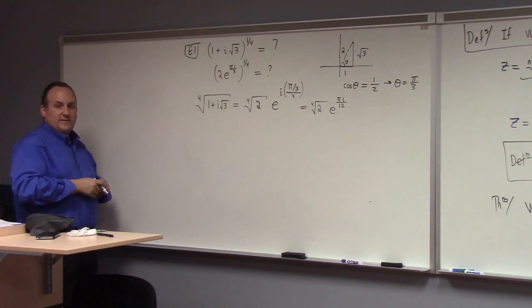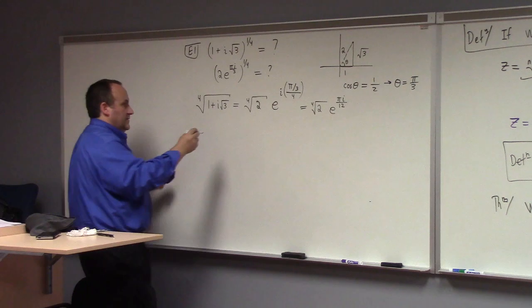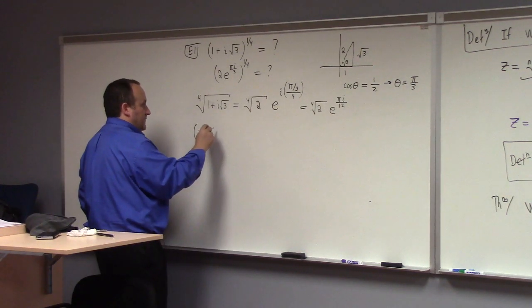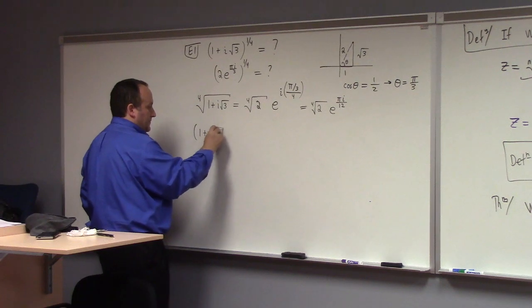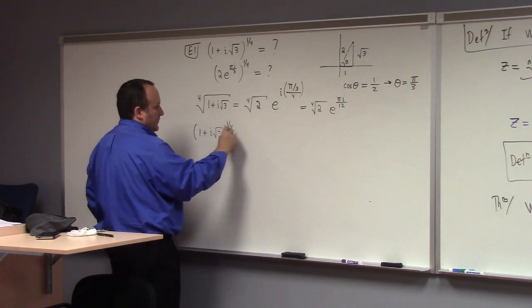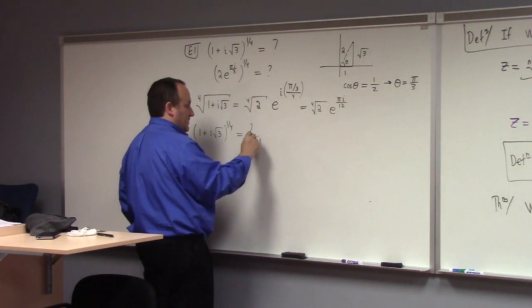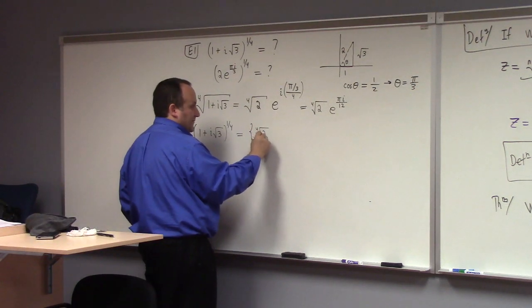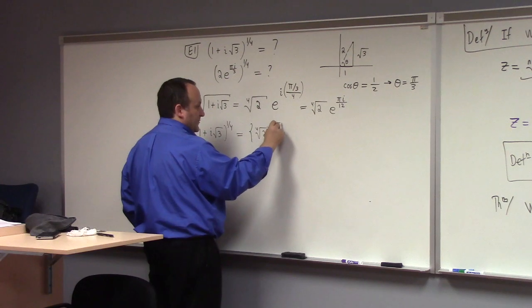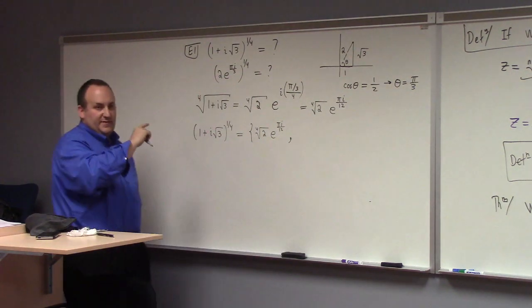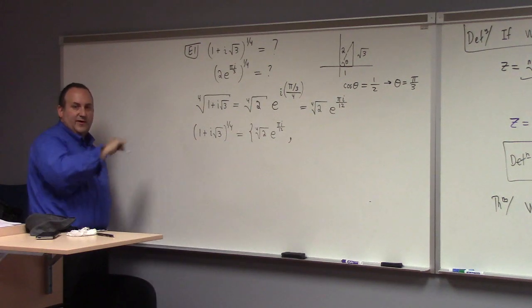All right, and then what? Well, if we want to calculate the whole set of fourth roots of 1 plus i root 3, now we can. We just list them out here. So we've got the fourth root of 2, I'm going to get really tired of writing that, times e to the pi i over 12. Then I take that and multiply by omega sub 4.